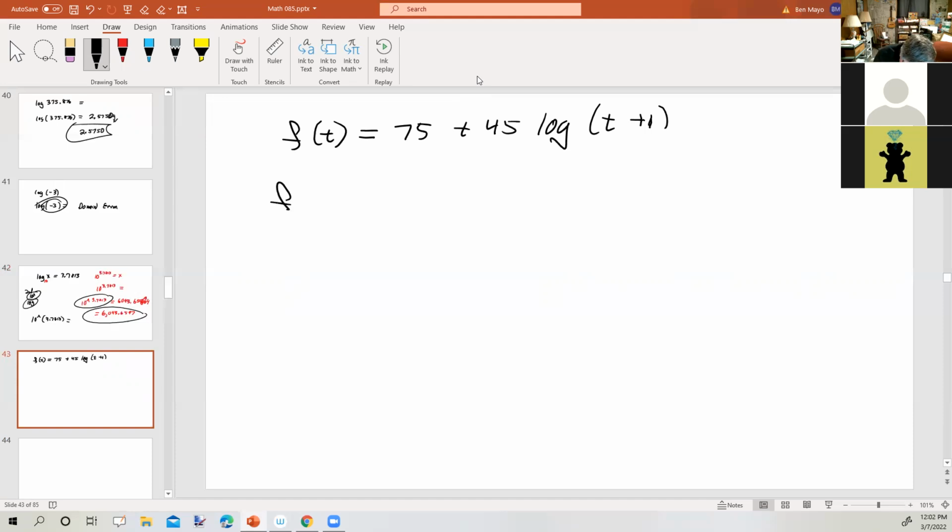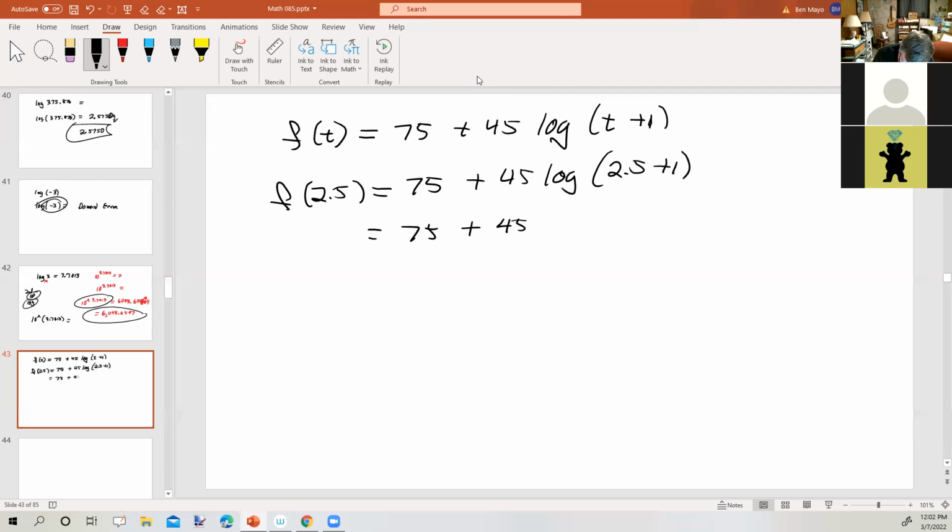So basically, what is f of 2.5? 75 plus 45 times the log of 2.5 plus 1, which is 75 plus 45 times the log of 3.5.